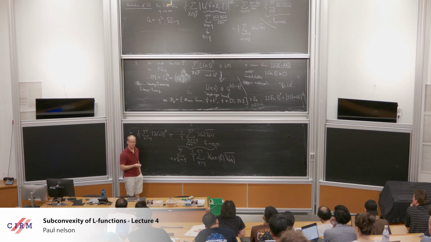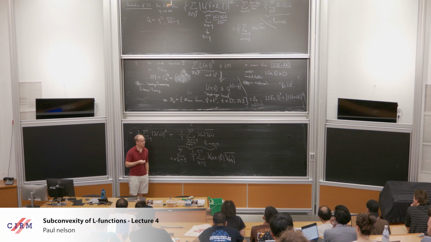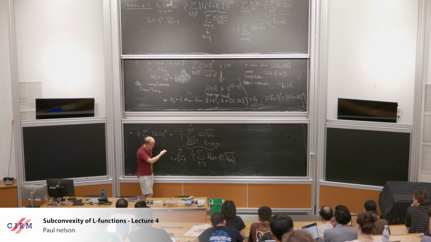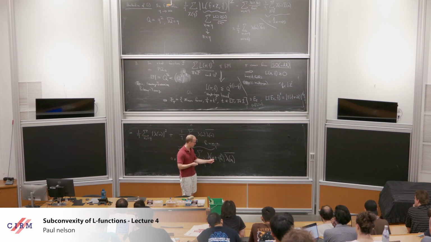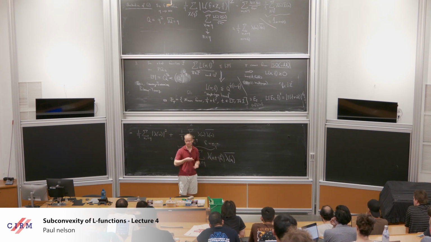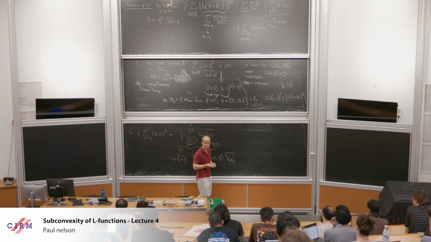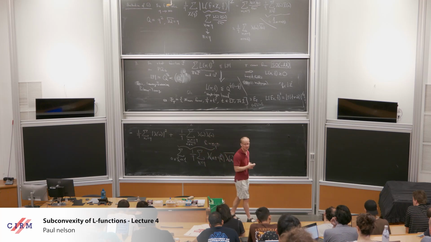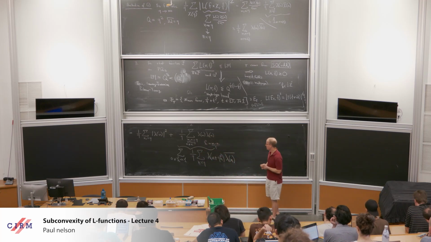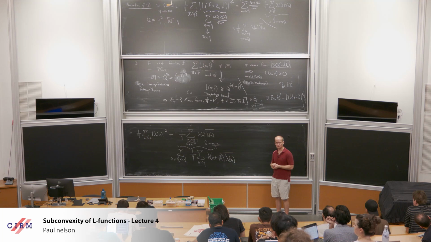And I guess in Philippe's lecture, Philippe, I guess you did this using the delta method, where you detect the condition that m equals n plus qh using some family of additive characters defined modulo many moduli. And then you do what? You apply Voronoi in both variables. Did you explain the details of that?